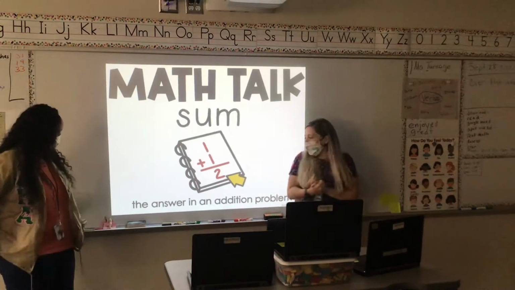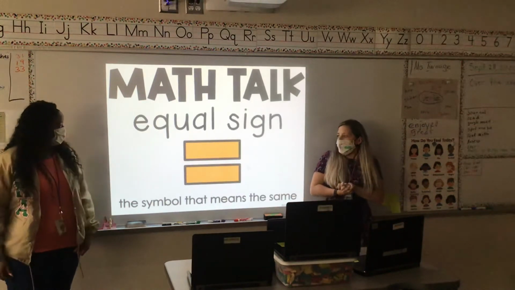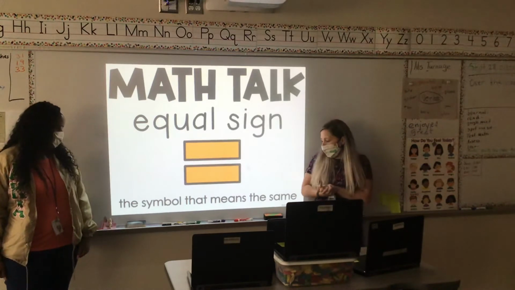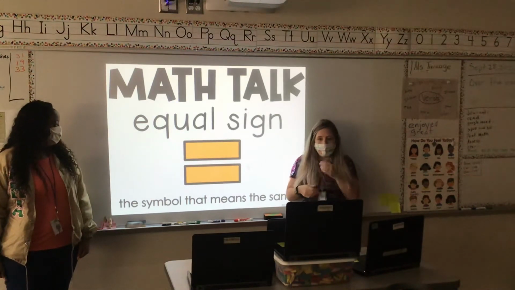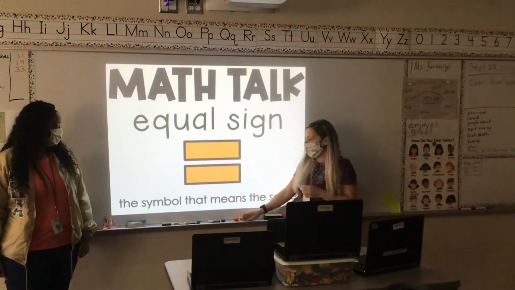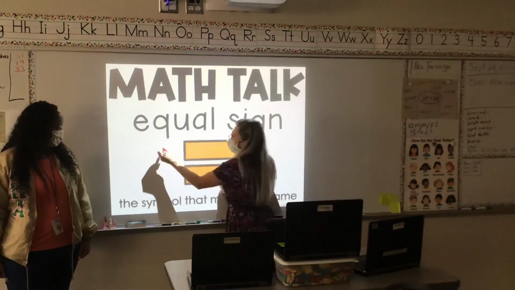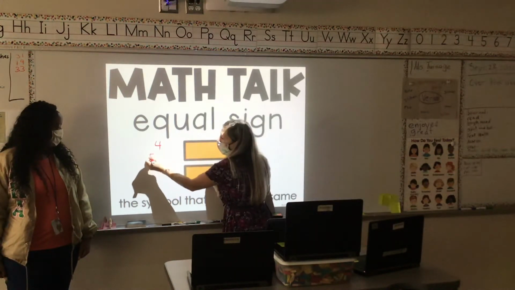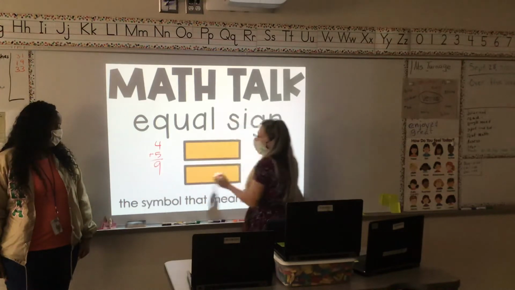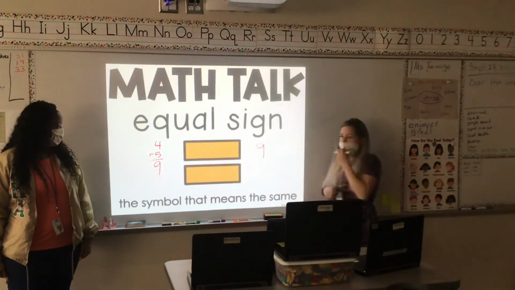Okay. All right, and then of course we know the equal sign is the symbol that means the same. So on both sides of our equal sign of that problem, 4 plus 5, when we add 4 plus 5, we get 9. And then on this side of the equal sign, we had our sum of 9.